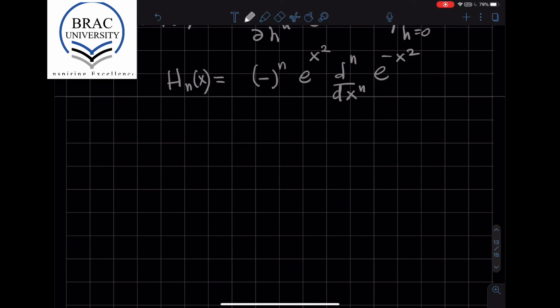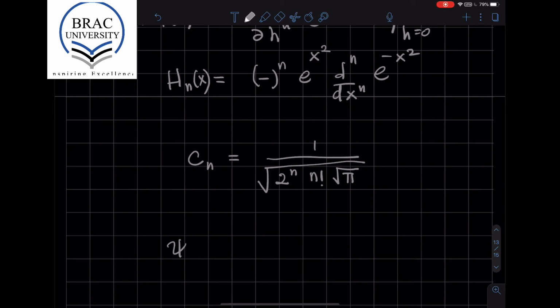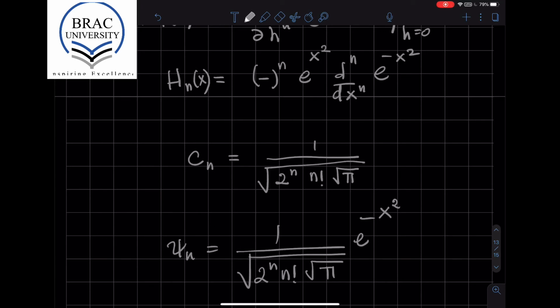Now it can also be shown that the normalization factor, up to some phase, is given by 1 over the square root of 2 to the power n, n factorial, square root of pi, so that our wave function psi of n is given by that factor times e to the power minus x squared by 2 times Hn of x.